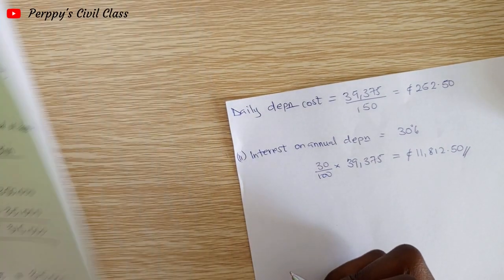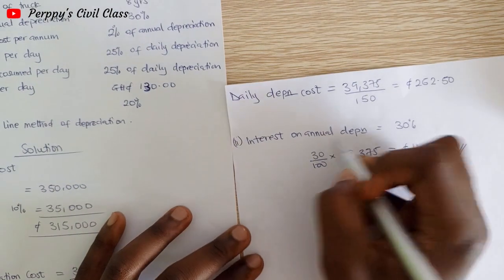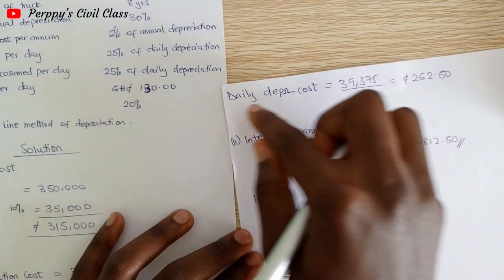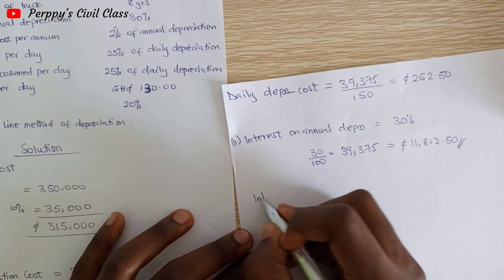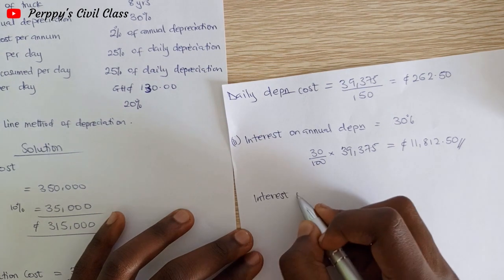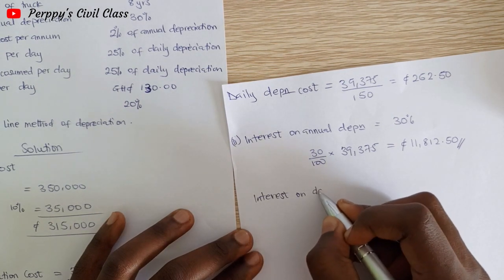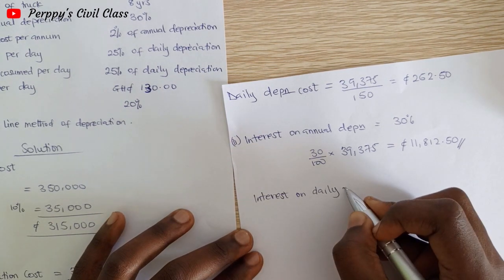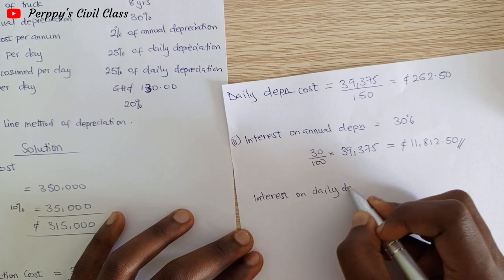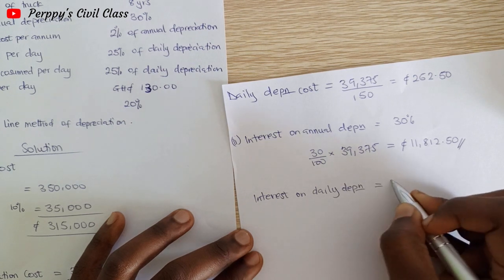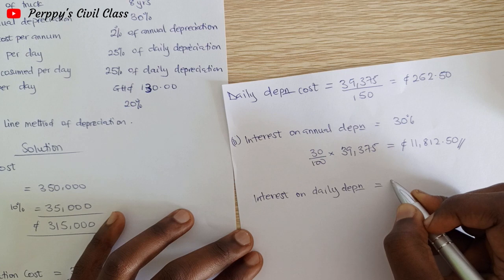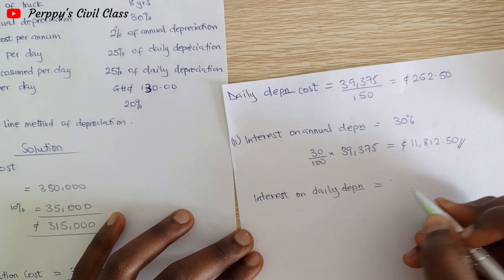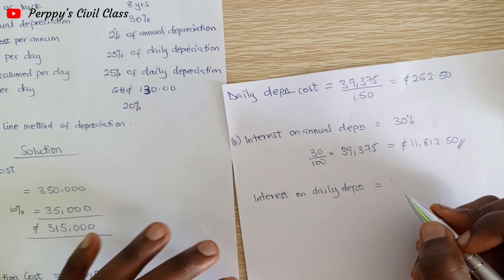Now we have to calculate the interest on the daily depreciation.